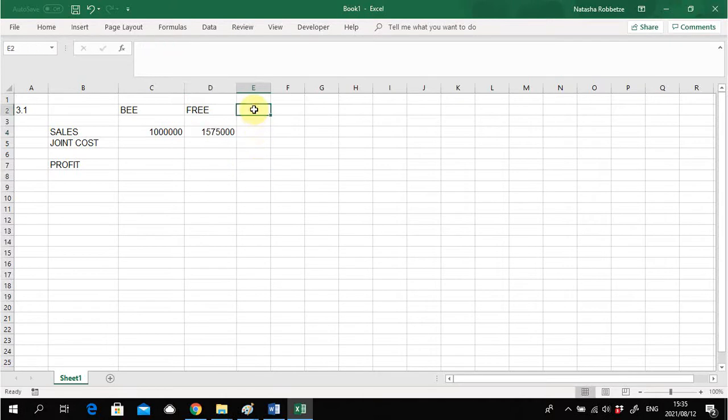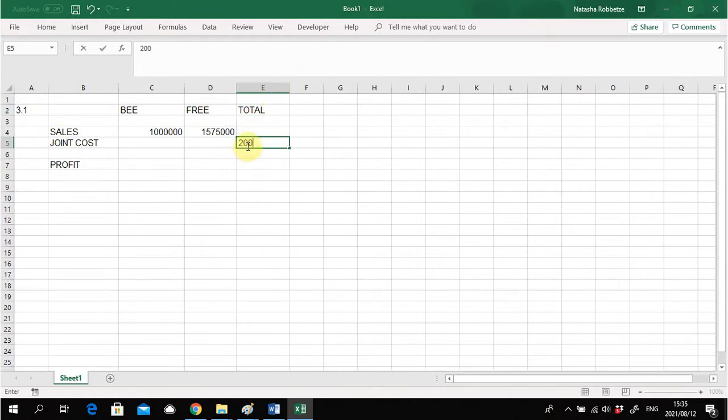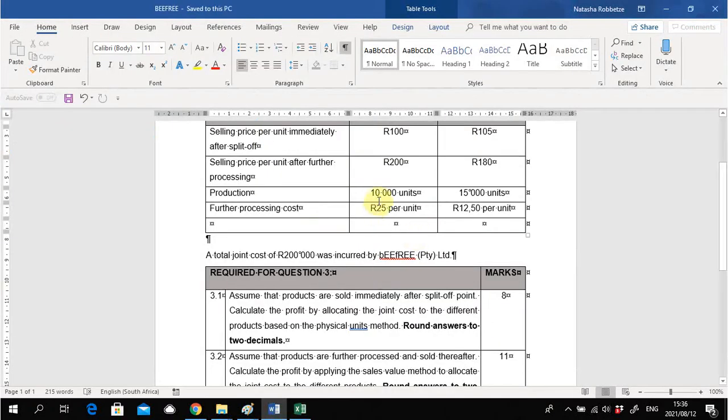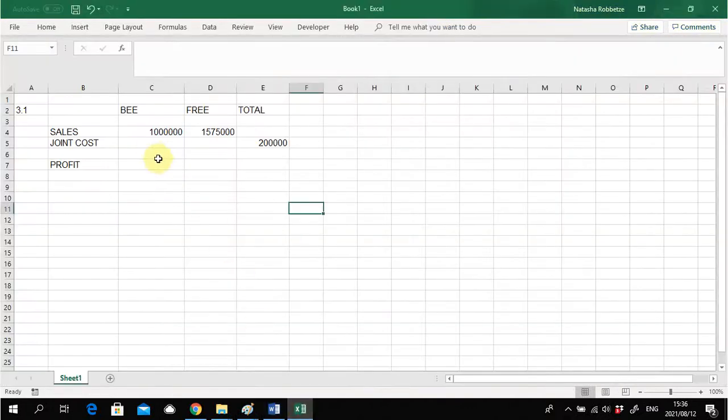If we look at the total joint cost given to us, it was 200,000, and we have to split it based on physical units. The physical units were 10,000 and 15,000, so the sum of those two would be 25,000 units. In order to split the joint cost, for B I'm going to say it's 10,000 units divided by a total of 25,000 units times the 200,000 Rand joint cost.